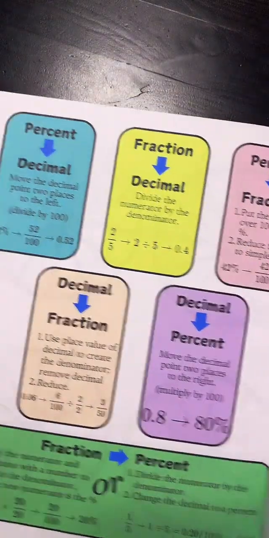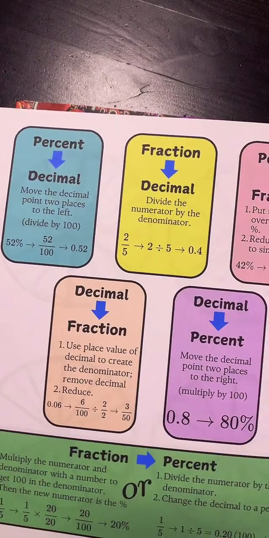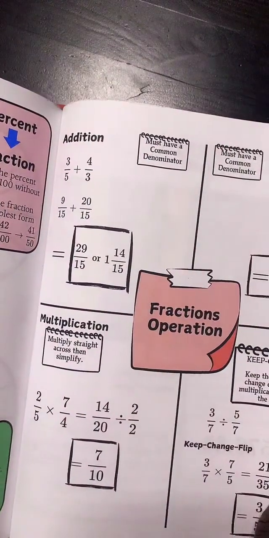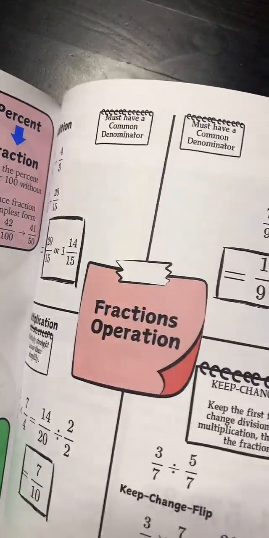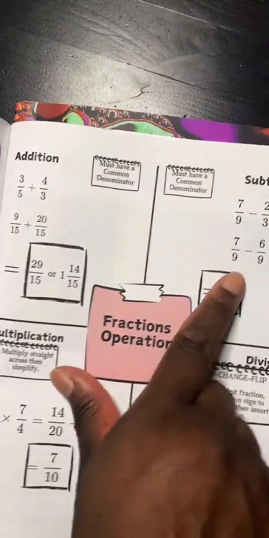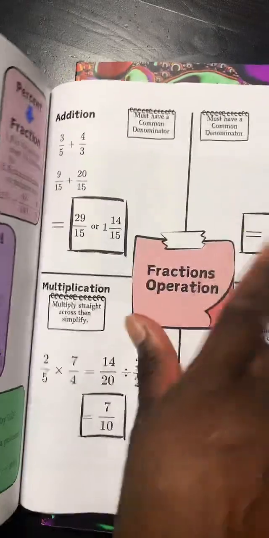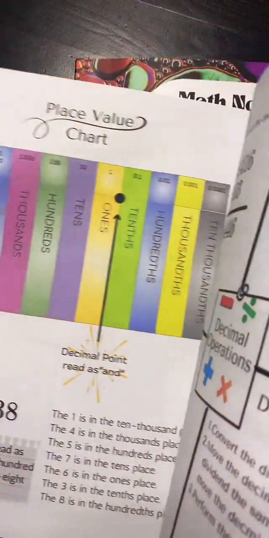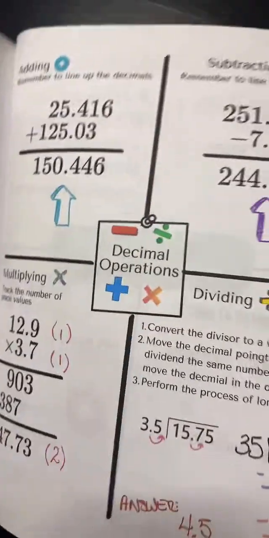And then going from percent to decimals and decimals to percents, vice versa. We have fraction operations: addition and subtraction over here, multiplication and division. Then we also deal with decimals and place values.